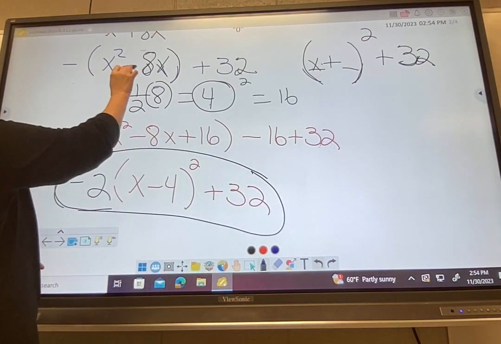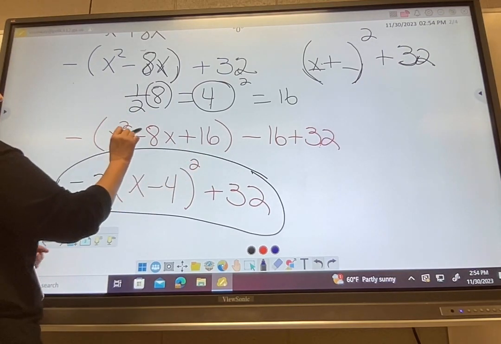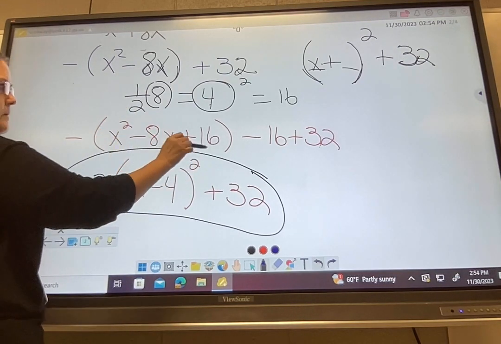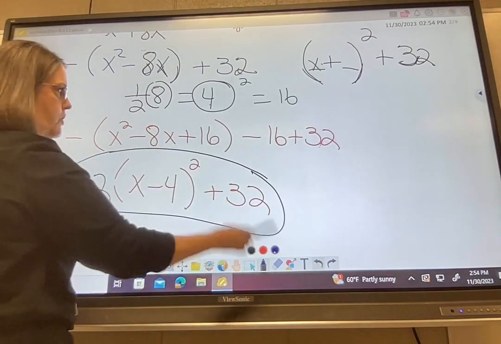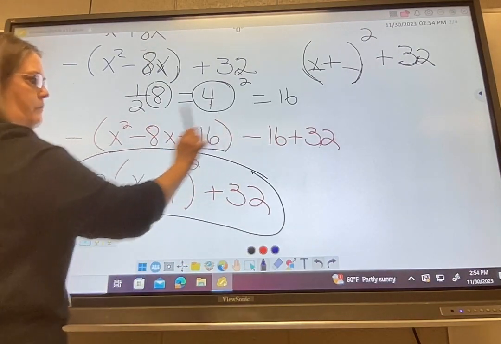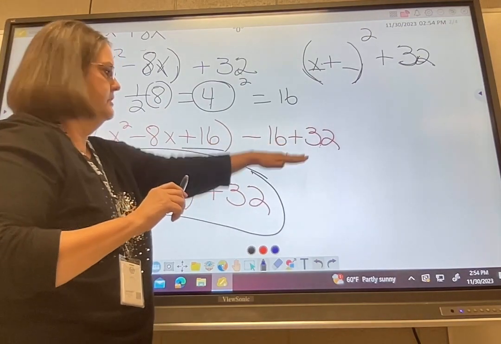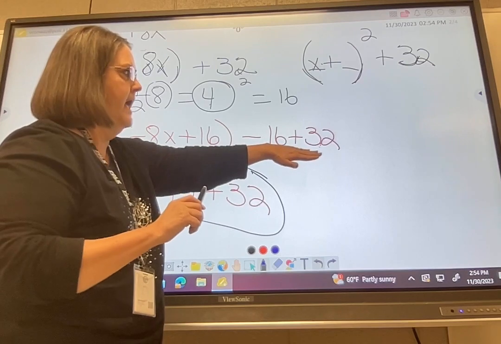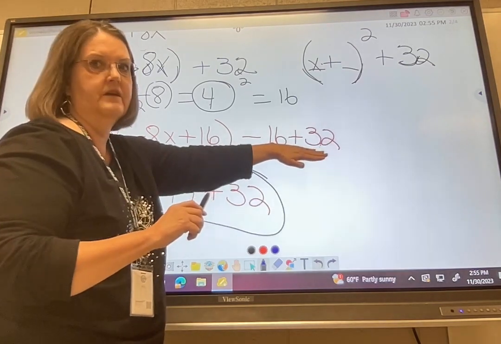So I have x squared, I'm completing the square, so negative (x squared minus 8x plus 16). And then because I add the 16 here, I've got to subtract it over here. Now, that's going to change my vertex to being a 16. If I do negative 16 plus 32, that messes everything up.